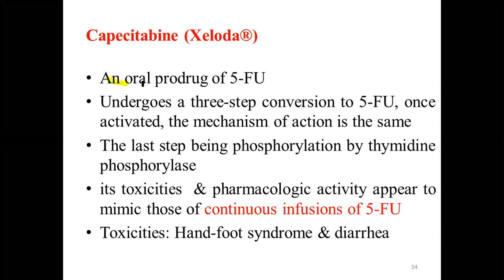Then capecitabine is the oral prodrug of 5-FU, and it undergoes 3 steps of metabolic conversion to 5-FU. Otherwise, the mechanism of action is the same. However, the toxicities and pharmacological activities appear to mimic those of continuous infusion of 5-FU.